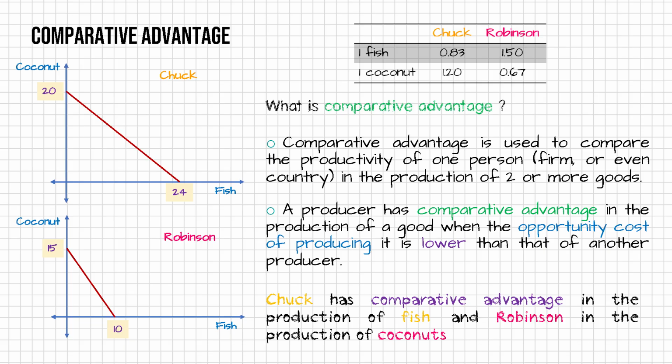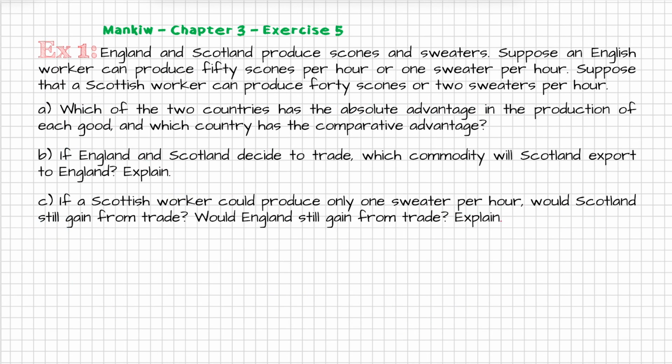Now let's do a practical exercise to check if we've really understood how to determine comparative and absolute advantage. England and Scotland produce scones and sweaters. Suppose an English worker can produce 50 scones per hour or 1 sweater per hour. Suppose that a Scottish worker can produce 40 scones or 2 sweaters per hour.